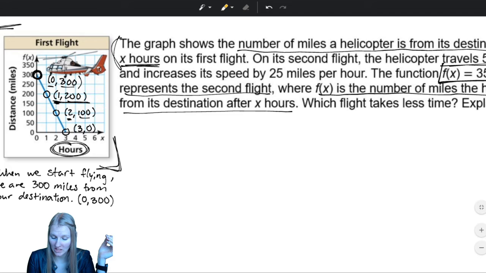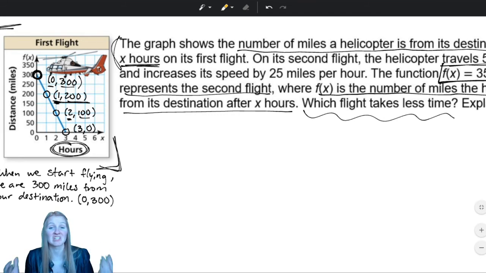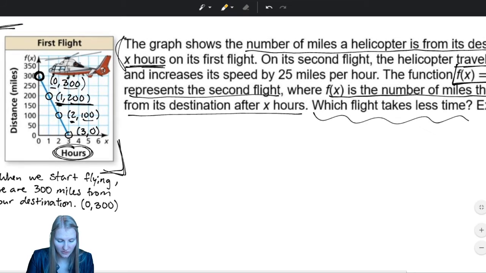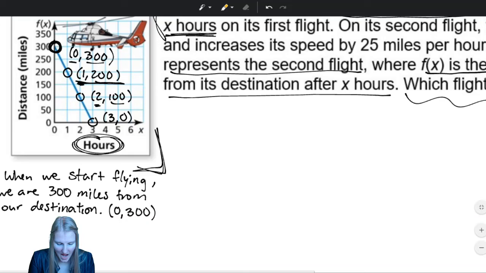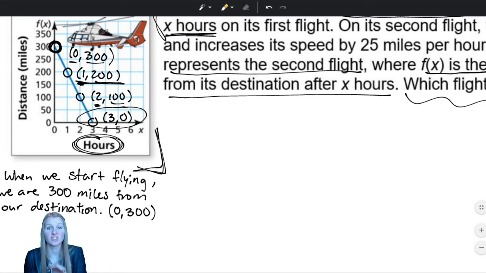How long does it take us to complete the flight? Because the question is which flight takes less time. Well, let's see. At 3 hours, we have 0 miles left to go.